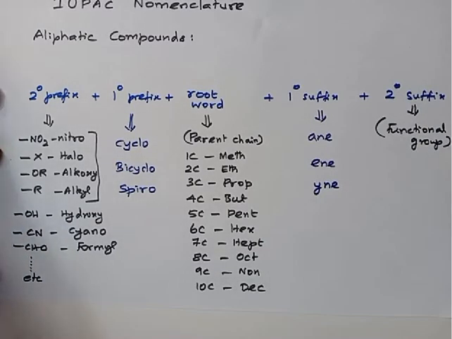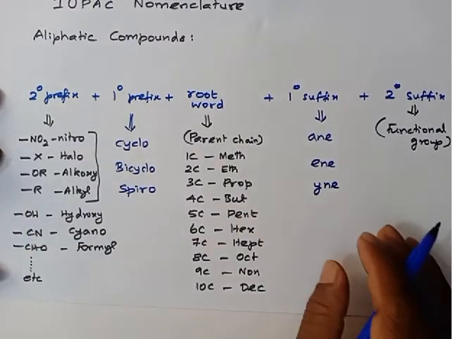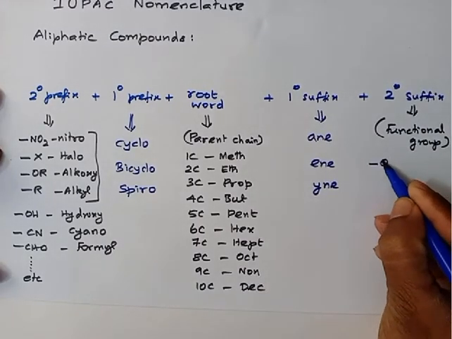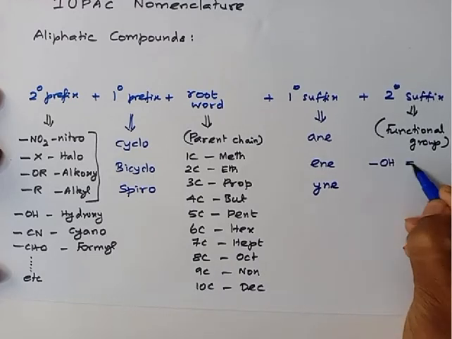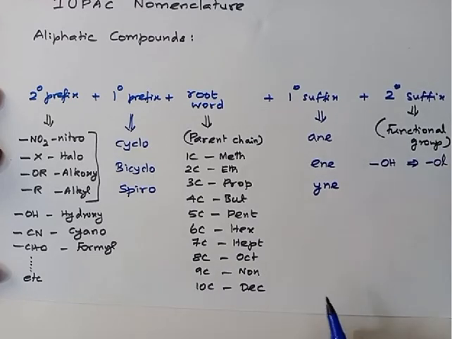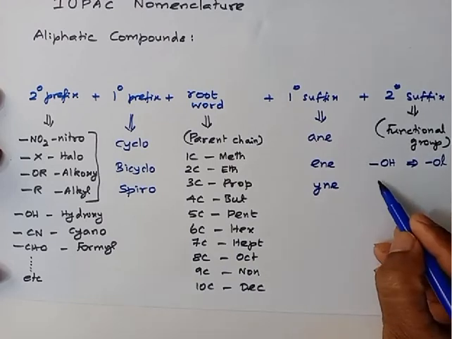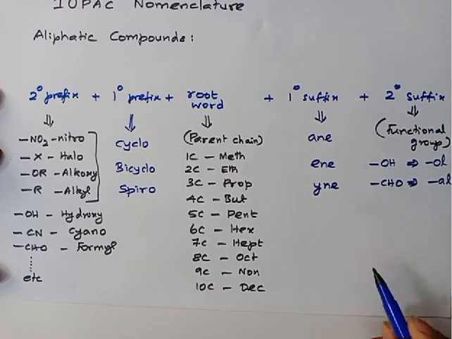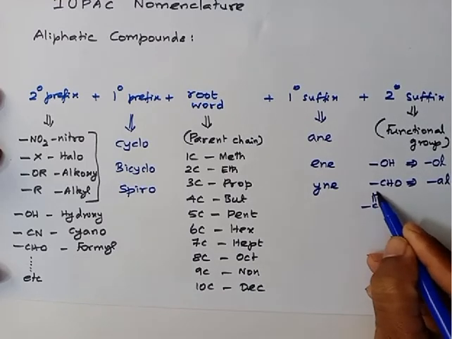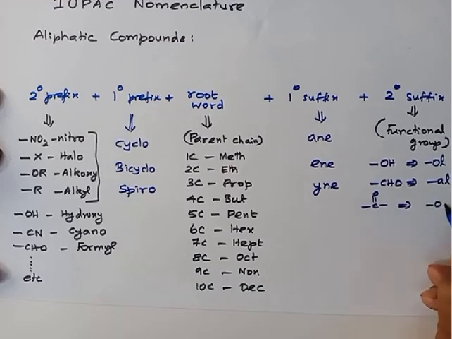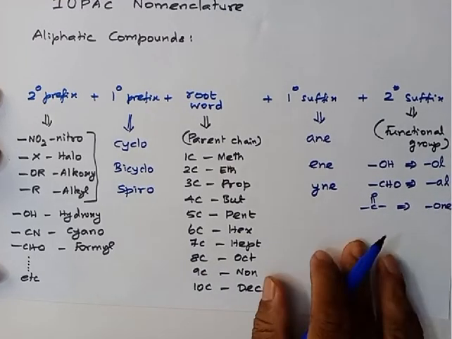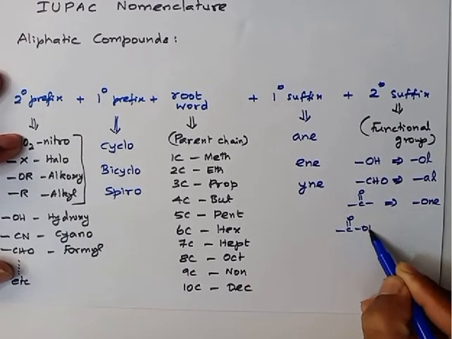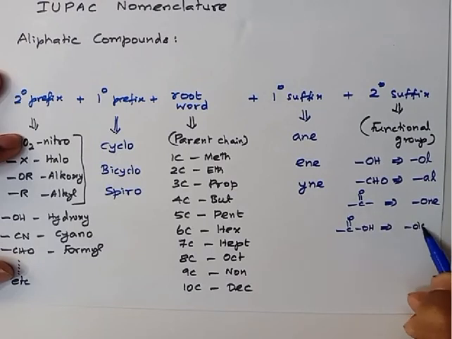Now, for each and every functional group, we use a suffix name. For example, if the functional group is OH, then we use the suffix -ol. If it is an aldehyde group, CHO, we use the suffix -al. If it is a ketone, we use the suffix -one. If it is a carboxylic acid group, COOH, we use the suffix -oic acid.